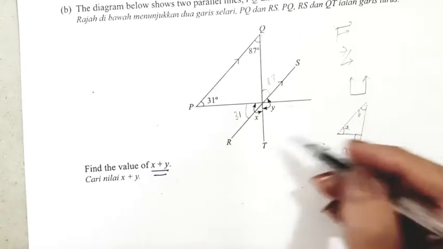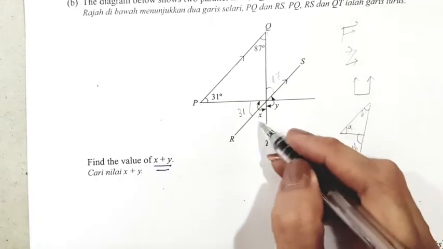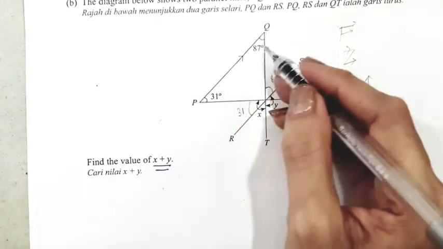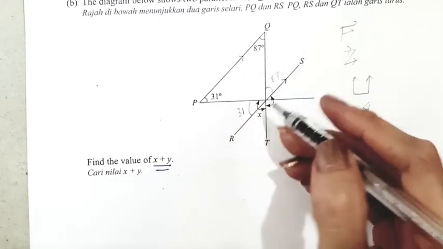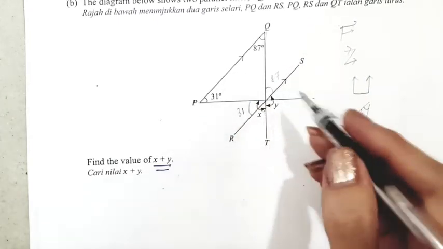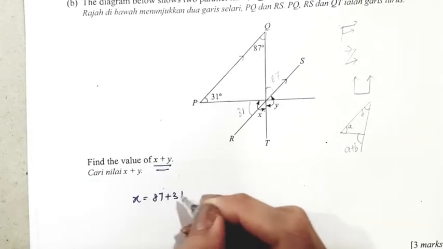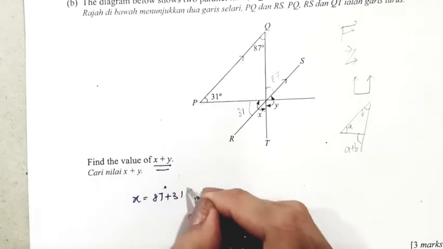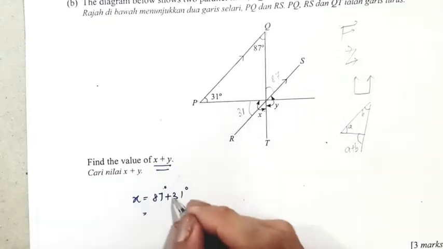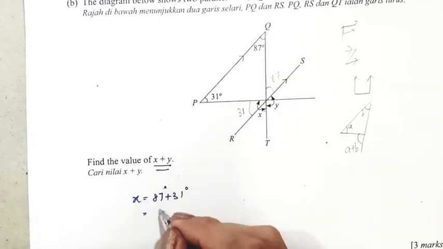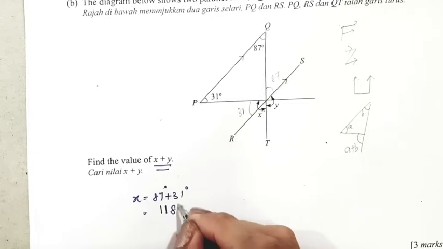Okay, never mind. We use the triangle way to find x first. So these two add up equals to the exterior angle x. So x equals 87 plus 31. X without degree, so my answer must have degree. 118. So we found x.